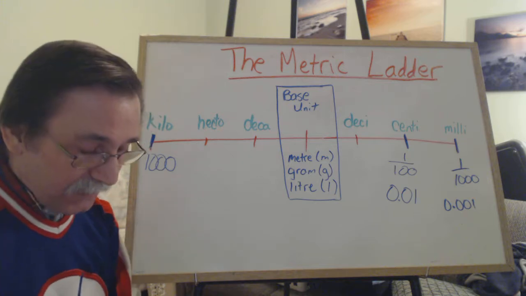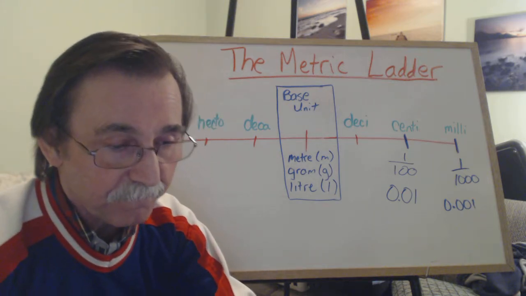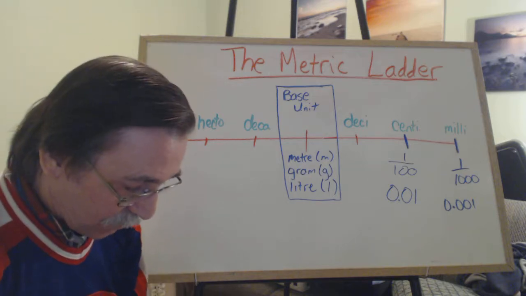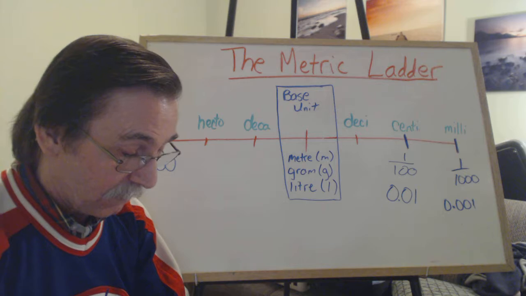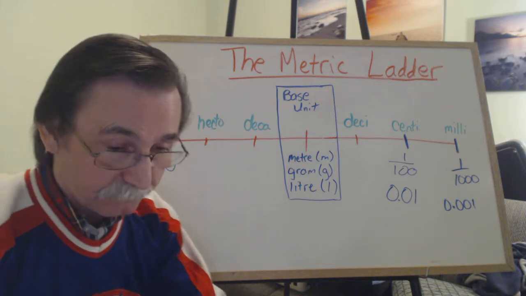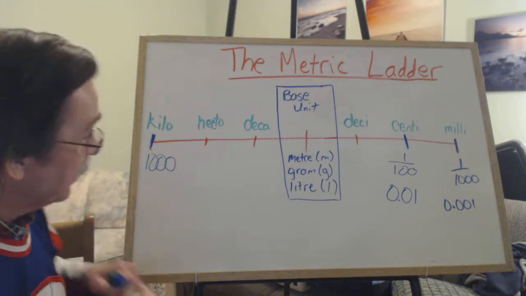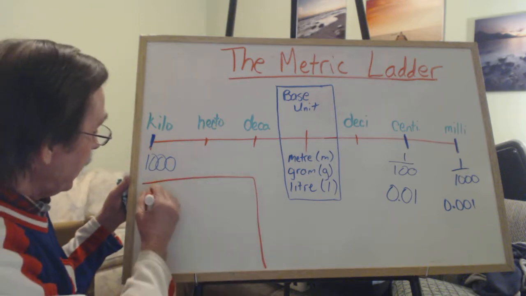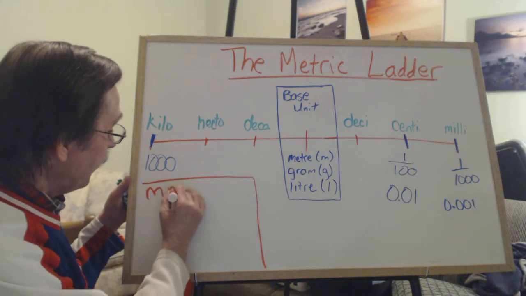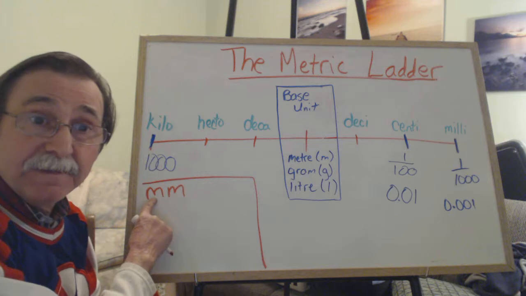So on the second page, the flip side of the first page I showed you, I gave you a few examples, and I'm just going to write in red over here in the corner, down here again, M means millimeter.